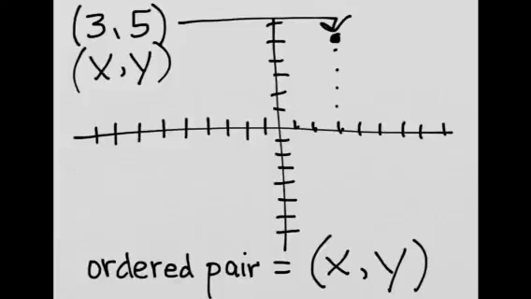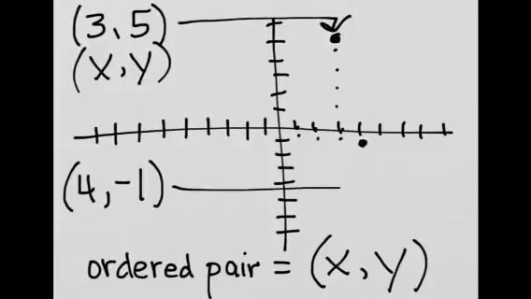Another one they want you to do in that practice is (4, -1). So again, 4 is the x, so you would go 1, 2, 3, 4, and then you would just go down to -1, and there is (4, -1). Again, I really hope that you already know how to do this, but you are now ready to do the practice number 2 on page 58.